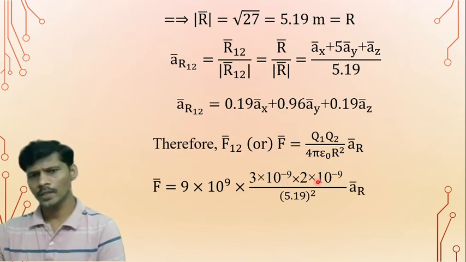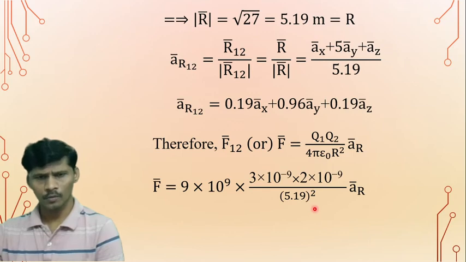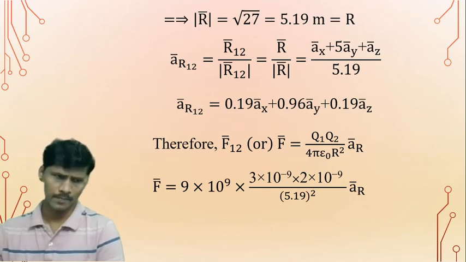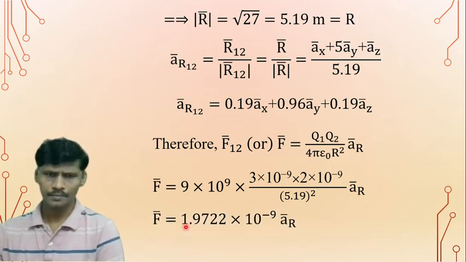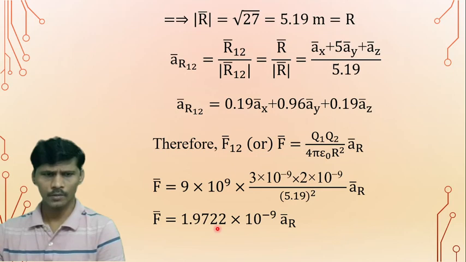Q2 is 2 nanocoulombs, 2 into 10 to the power of minus 9, by R. What is the R value? 5.19. So 5.19 whole square into ar bar. Simplifying this value, we get 1.9722 into 10 to the power of minus 9 into ar bar.